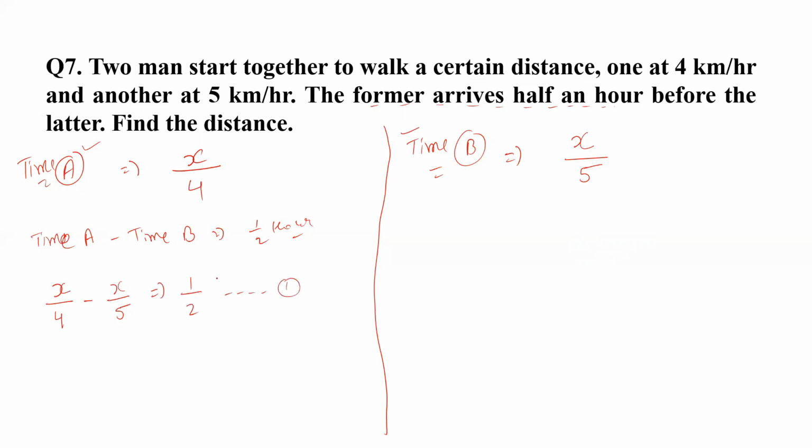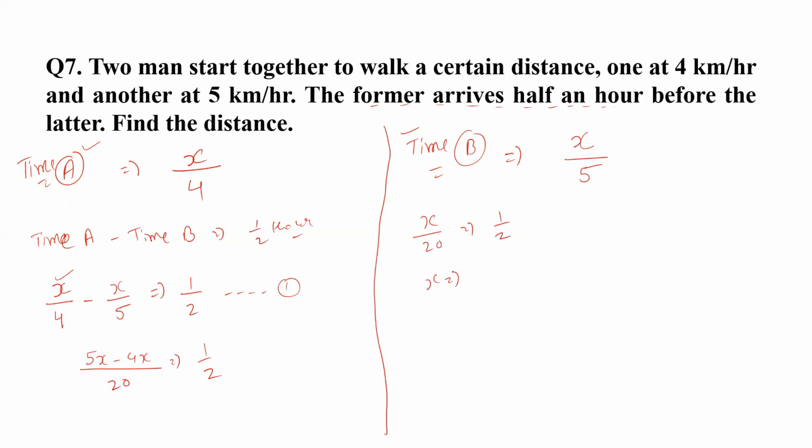Solving this equation, you can easily get the value of x, which is the distance. How to solve this? Just take the LCM of the denominators, which is 20. So you can write 5x minus 4x, divided by 20, equal to 1/2. If you solve it further, you get x divided by 20 is equal to 1/2.